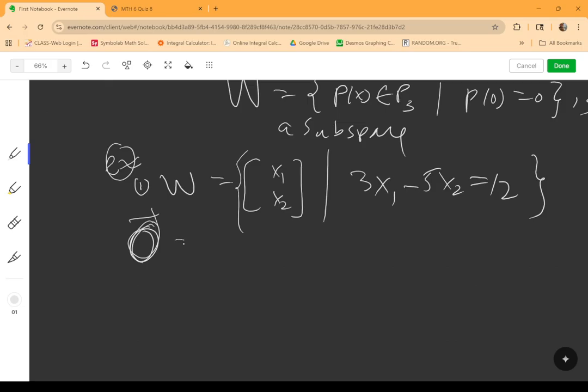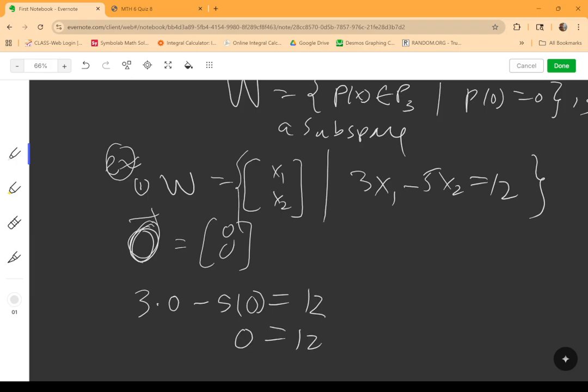If we plug the 0 vector into the restriction, we see that this is not true.